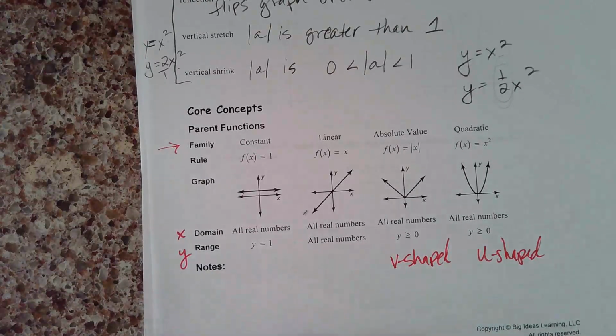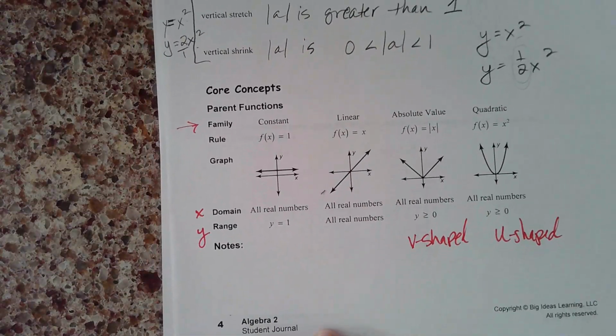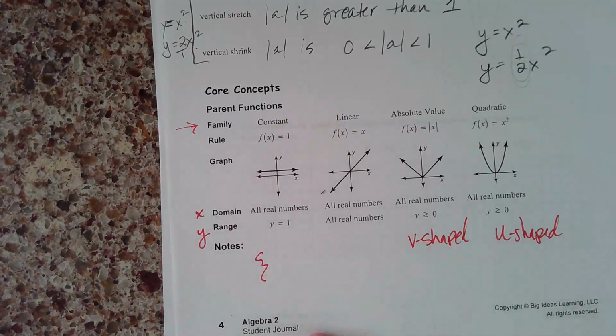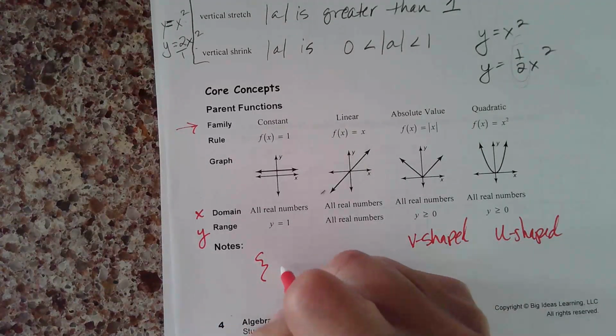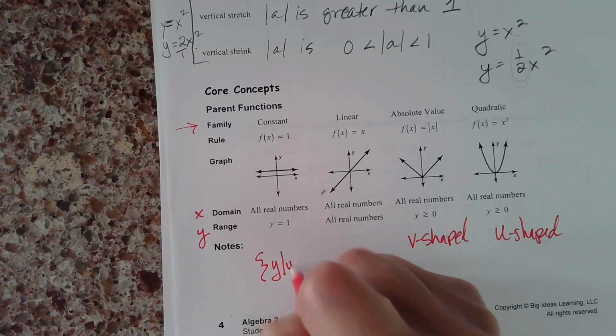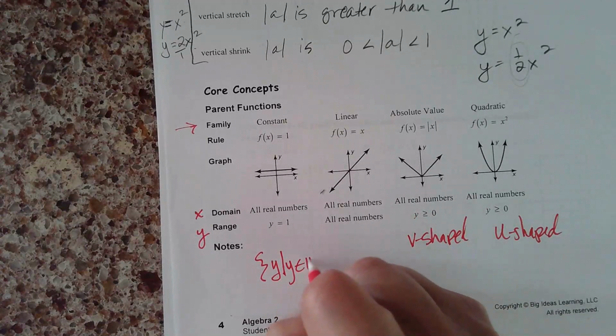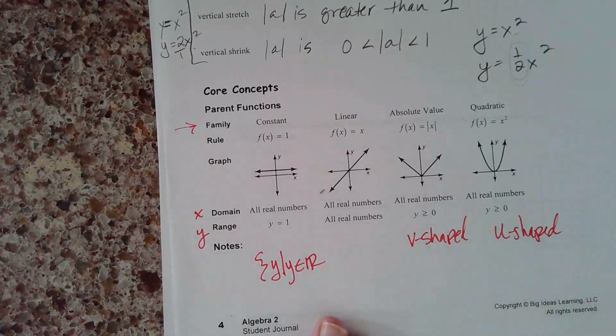Another way of writing this is something we call set notation, and that's something we're going to be doing in honors quite frequently. That's where we use that little curly bracket. If I wanted to represent range, I would use y's, because that's obviously for range. I would say y, and then this means all values of y such that y is an element of the real number system. That just means all real numbers.